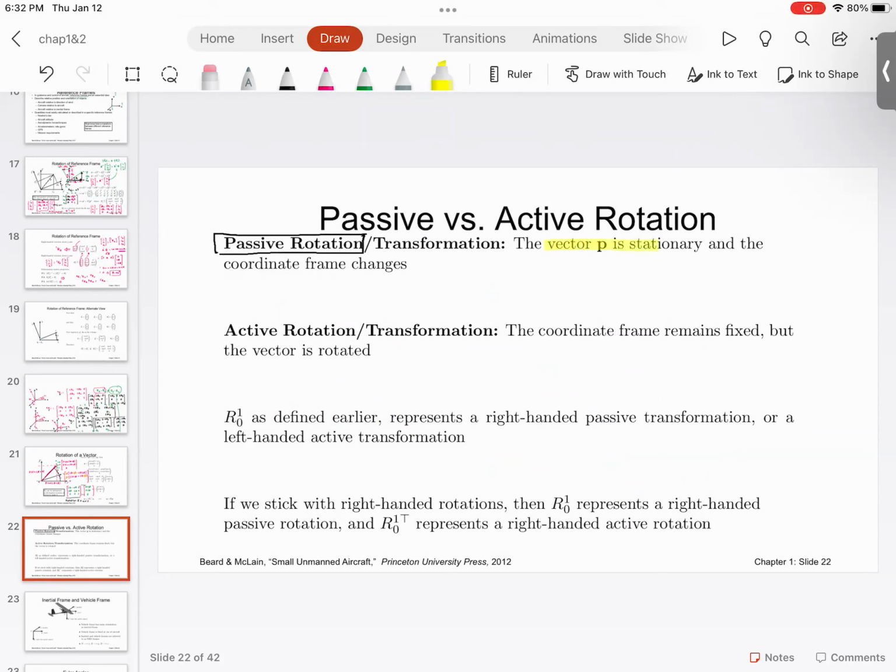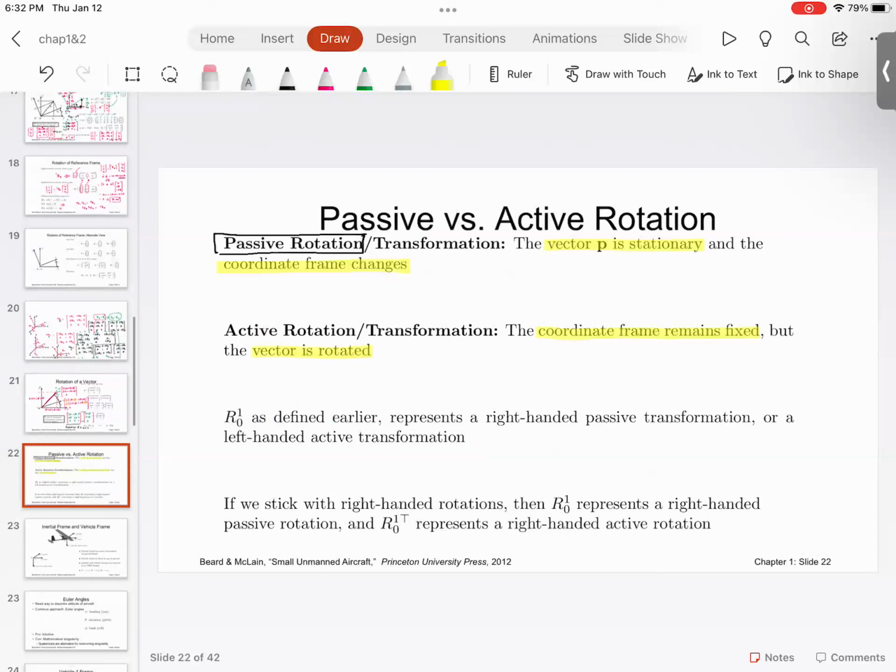So the vector is stationary, but the coordinate frame changes. The vector remains as is, but the coordinate frame where the vector is represented changes. In the case of active rotations, the coordinate frame remains fixed, but the vector is rotated. Active and passive rotations are very commonly used in kinematics, especially 3D kinematics, and in aircraft kinematics.